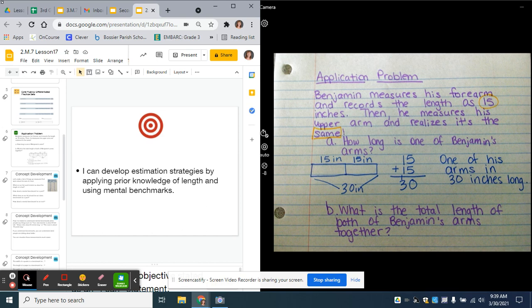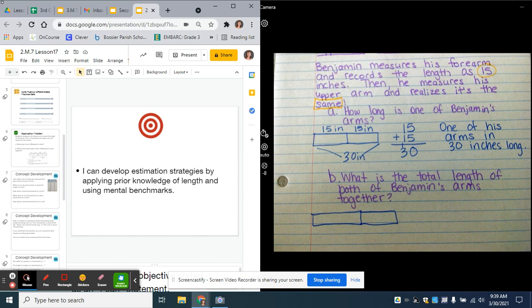That's part A. Part B, what is the total length of both of Benjamin's arms together? So if one of his arms, the top and the bottom part of his arms are 30, what would be two of those? Well, my picture would be my one arm again. That was 2 15s. Let's move that up.